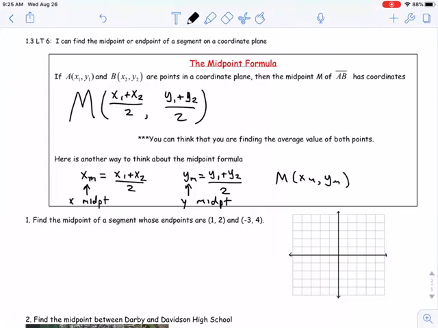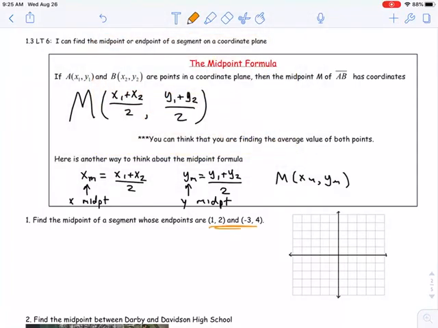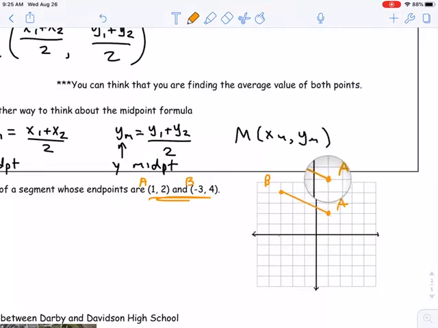All right, so we're going to find the midpoint of this. We didn't label this, so we'll call these A and B. A is 1, 2, and B is negative 3, 4. We can quickly count this and find it in about 2 seconds.